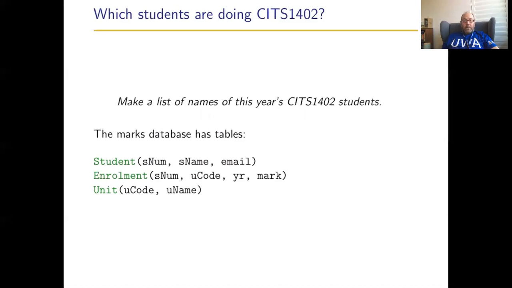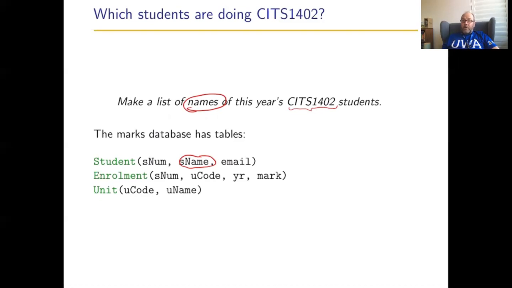Okay, the marks database has these three tables: student, enrollment, unit. Which tables am I going to have to use in order to answer this question? Well, I need names. So that means I can only find names in the student table. I need to be able to tell which students are doing CITS1402.